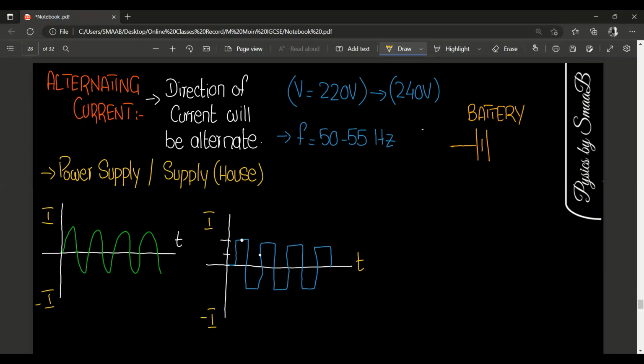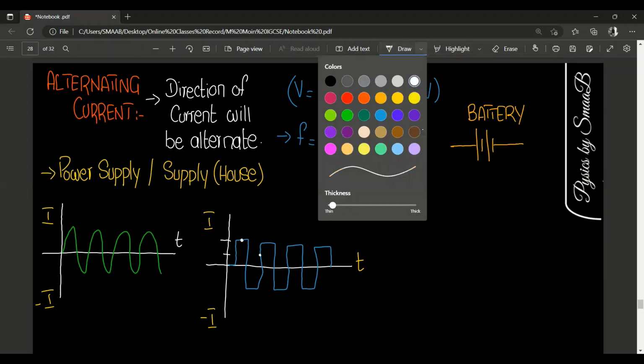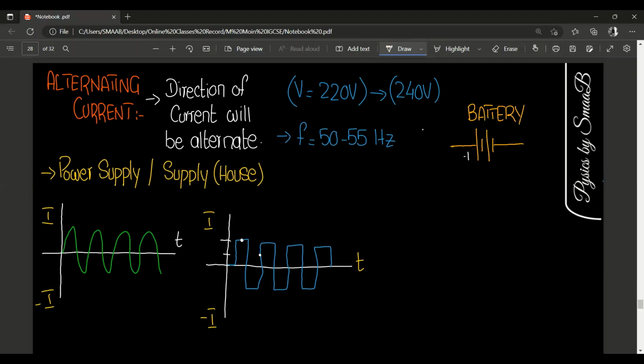So this will be the positive terminal and this is the negative terminal. Now we need to know from which direction current is going to flow, either positive or negative, right?